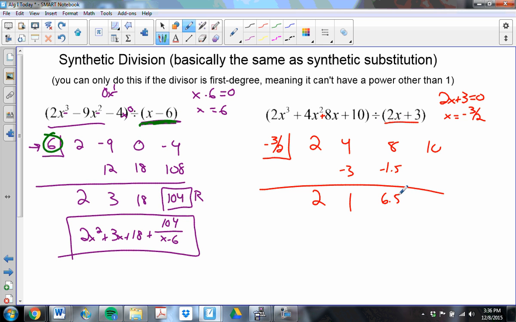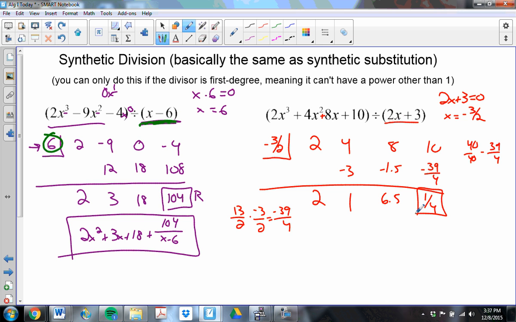6.5 times negative 3 over 2 is something. I wish I'd left that a fraction. 6.5 times negative 3 over 2, what I'm going to do, 6.5 is really 13 over 2 times negative 3 over 2, so it's negative 39 over 4. I add those up, so it's going to be 40 over 4 minus 39 over 4, and wow, it's a quarter.